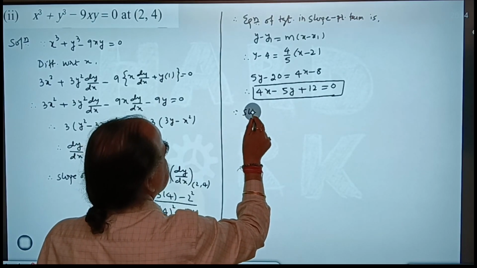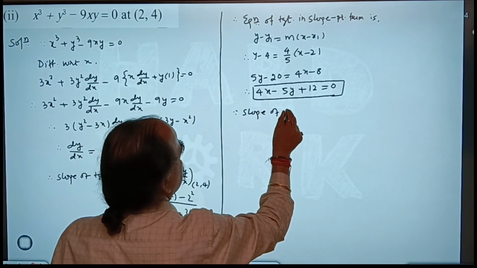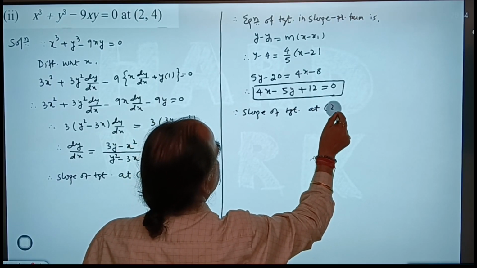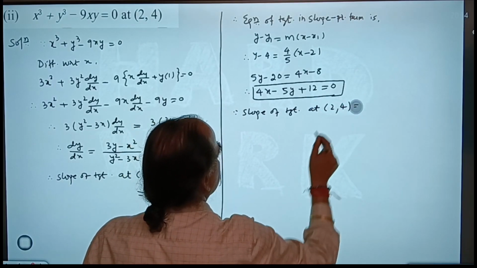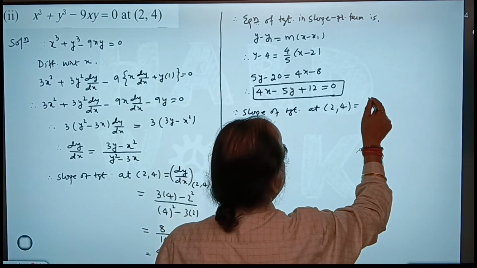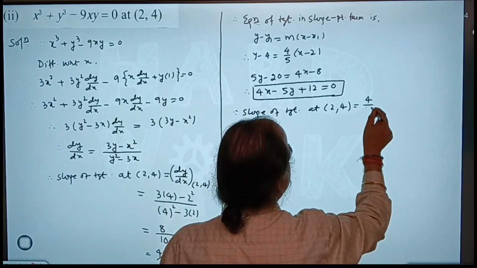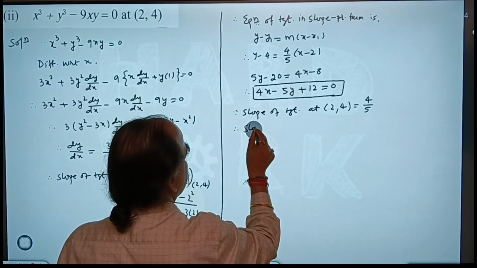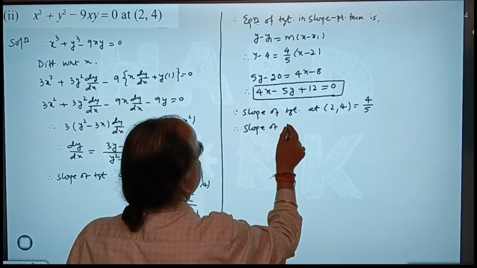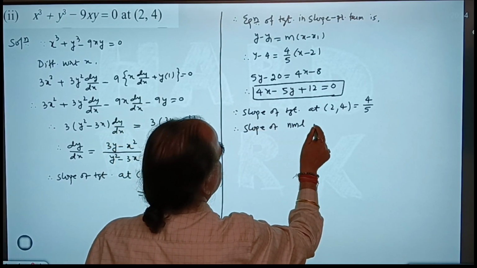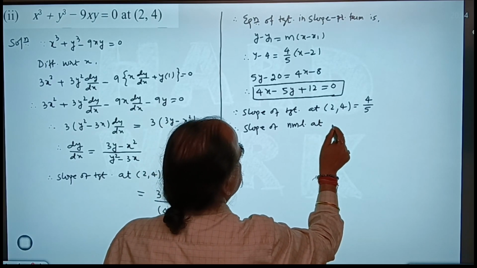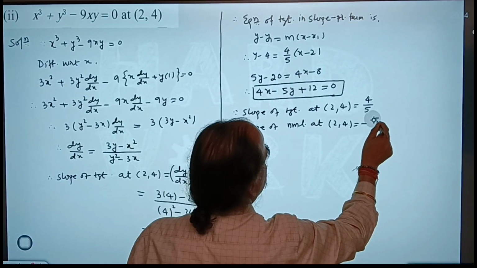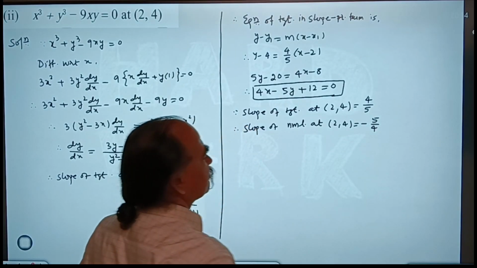Since slope of tangent at (2, 4) is equal to 4 by 5. Therefore, slope of normal at (2, 4) will be what? Minus 5 by 4.